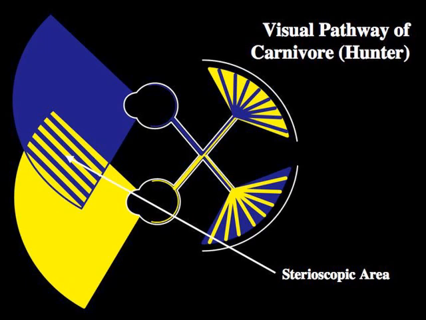But within their field of view, they can bring both of their eyes to bear on an object from a slightly different perspective, and the difference in the two images can be processed to give them an idea of depth. Here's the visual pathway of a carnivore.